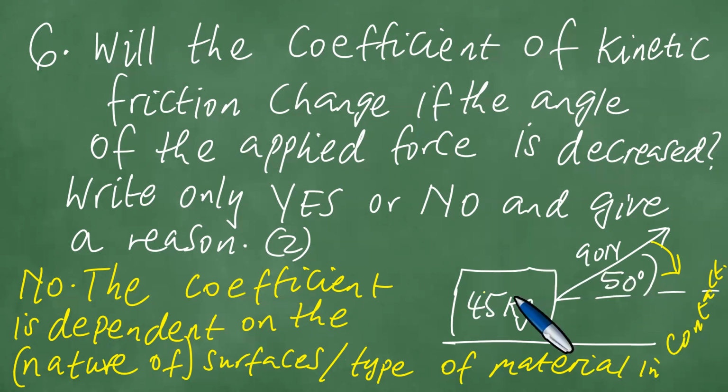If we reduce the angle, we argue that the coefficient of kinetic friction is not going to change, because the coefficient is dependent on the nature of surfaces or the type of material in contact. So it's not going to change because an angle is being reduced there.